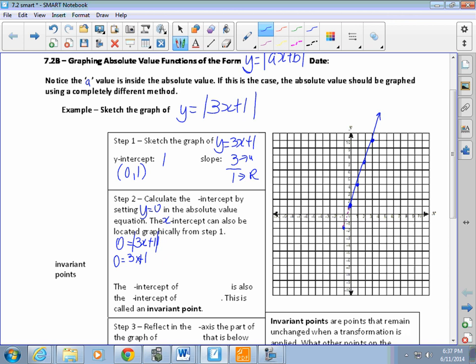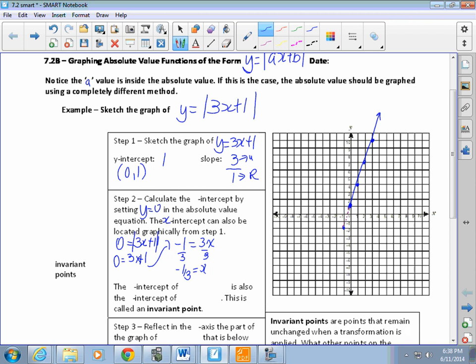That would mean, I'll just finish this here, negative 1 is equal to 3x. If I divide by 3, negative 1/3 is equal to x. Looking at my graph when I extended it, that's approximately where I was crossing there. If I had an actual straight line, you would see that.